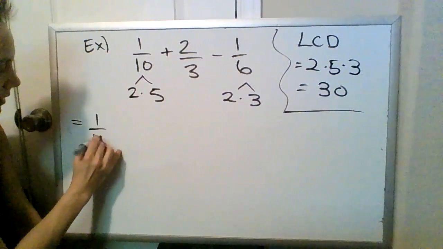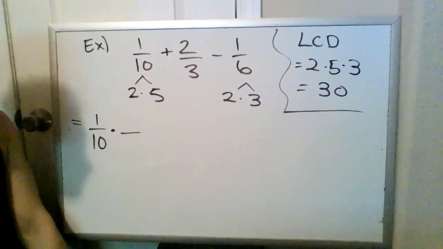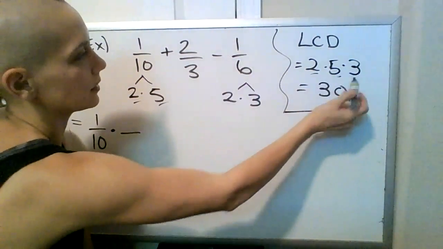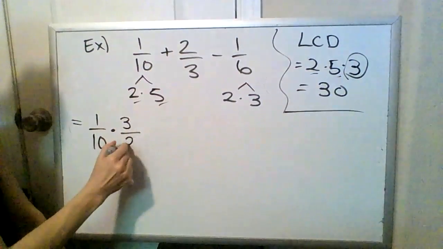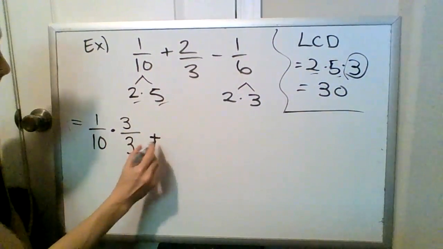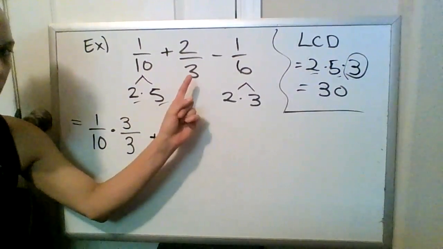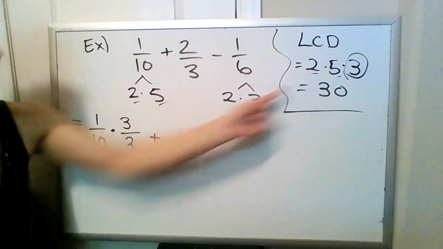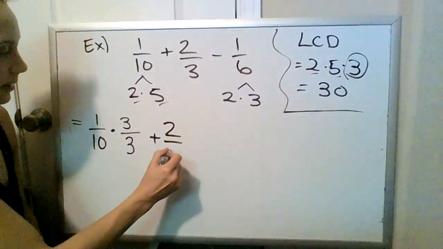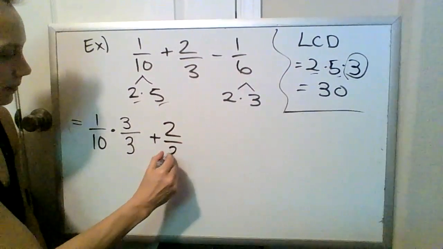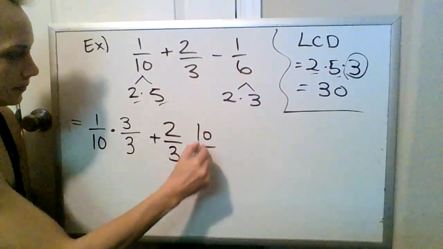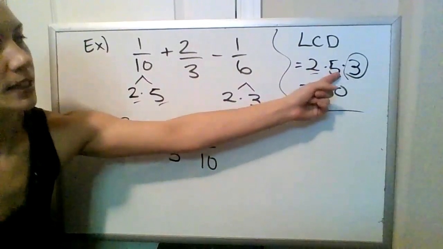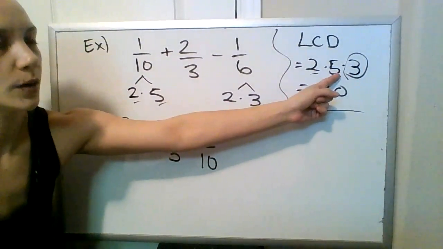So 1 over 10, we will multiply by 3. That factor of 3 is taken care of in the middle term, so we multiply by 10 over 10. And here we have 2 and 3, so you need to multiply by 5 over 5.